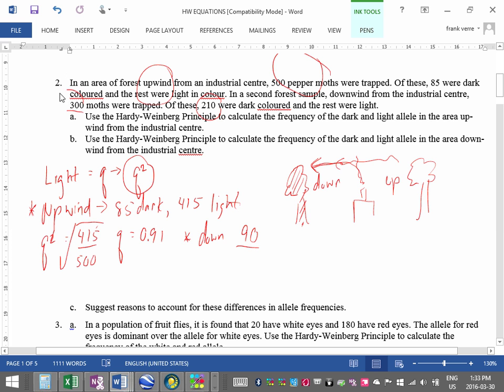How many did we capture? 300. So 90 out of 300 are lights. We know that light is Q squared. So we do the exact same thing to figure out what Q is. What's Q in this case?